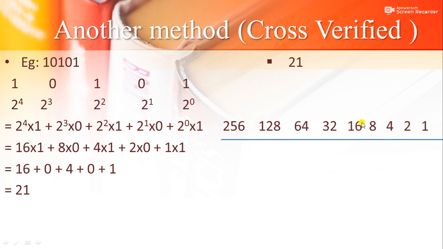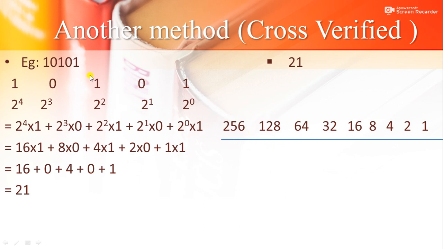Here also we multiply all the numbers by 2, that is 1 into 2 is 2, 2 into 2 is 4, 4 into 2 is 8, 8 into 2 is 16, 16 into 2 is 32, 32 into 2 is 64, 64 into 2 is 128, and 128 into 2 is 256.